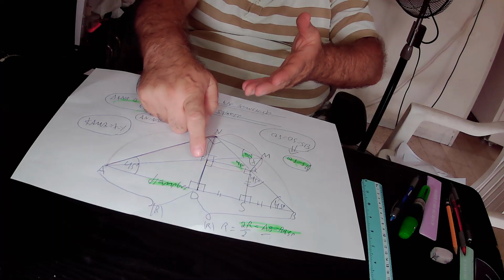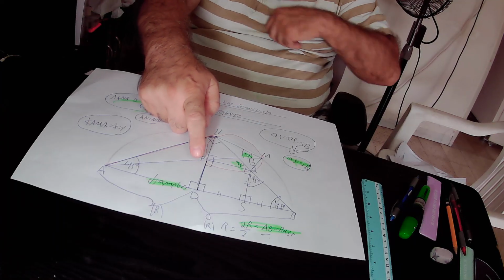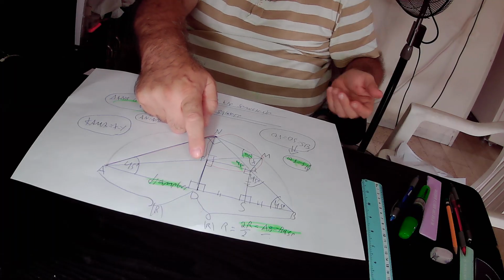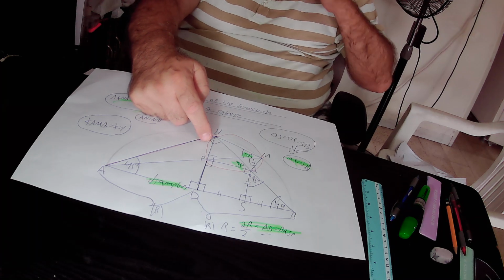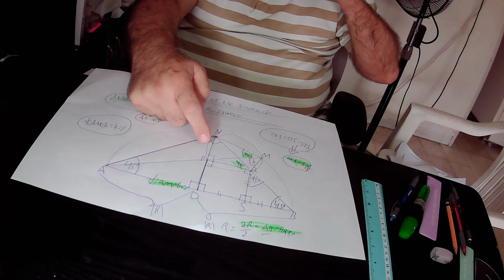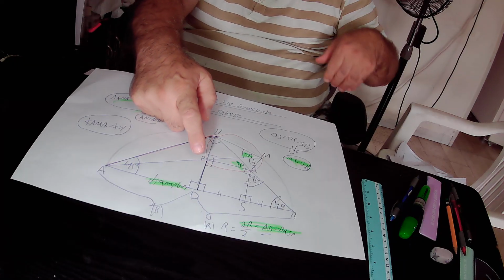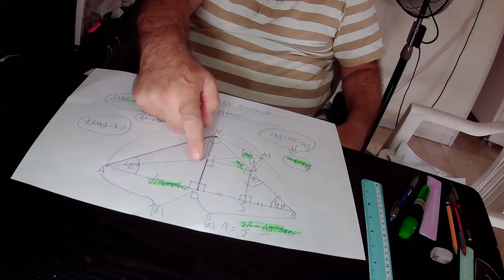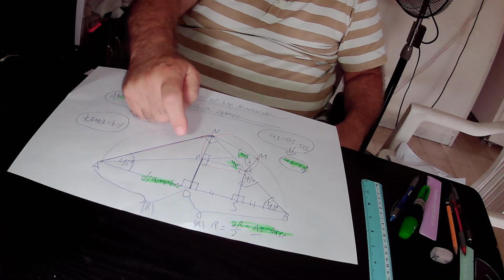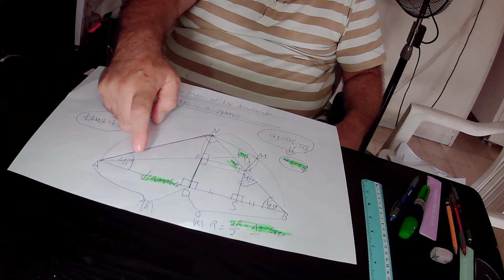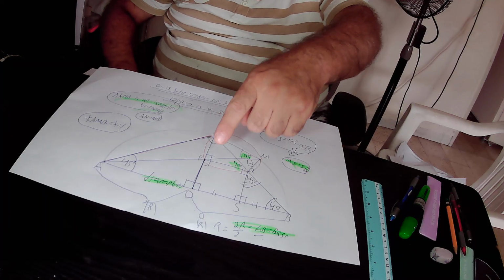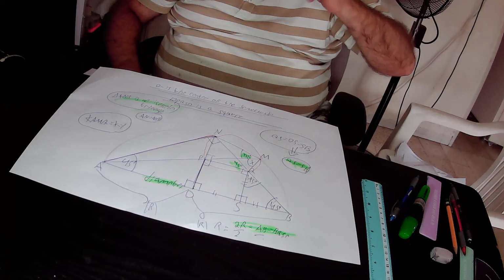The midpoint of AB is the midpoint of the diameter AB, and you know that the midpoint of any diameter is located at the center of the circle or semicircle. Therefore, the perpendicular from point N will touch side AB at its midpoint, that is the center of the semicircle, point O. So the perpendicular NO bisects the base AB, dividing it into two halves. Each half equals r, the radius of the circle. NO is the perpendicular, and therefore this angle equals 90 degrees, and this angle also equals 90 degrees according to our construction.